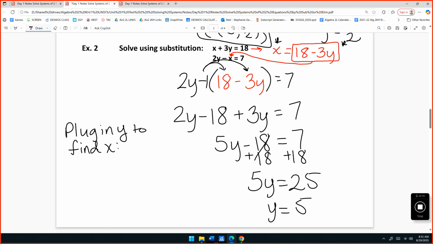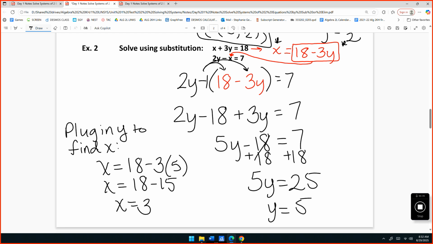So I'm going to use that one. x equals 18 minus 3y, and y is 5. So x is 18 minus 15. So x is 3. And then I've got to write my answer in my solution set with x coming first, right? (x, y): (3, 5).